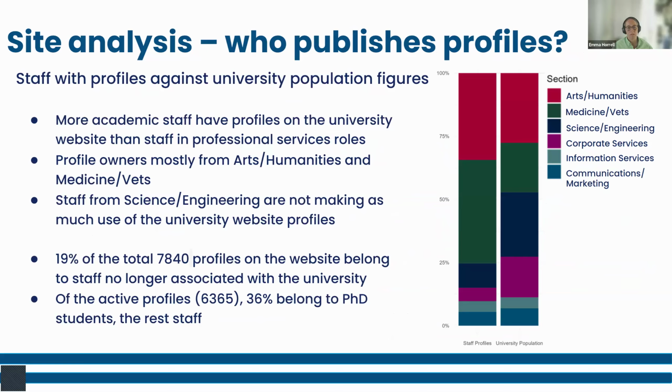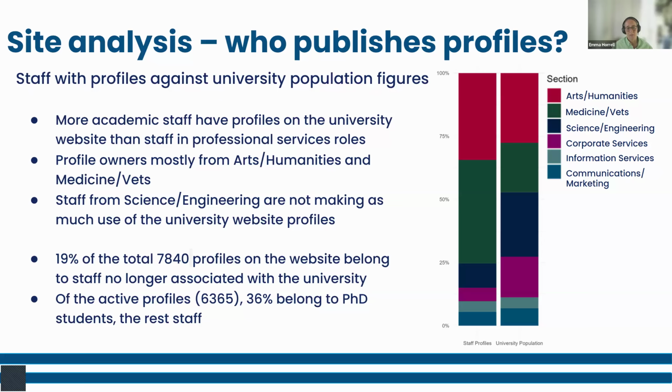And what this showed us, perhaps unsurprisingly, was that there were more academic profiles than there are profiles for professional services staff. And breaking this down into the different faculties, what we found was the arts and humanities faculty and the medicine and vet faculty, those staff members were making more proportionate use of profiles than science and engineering.